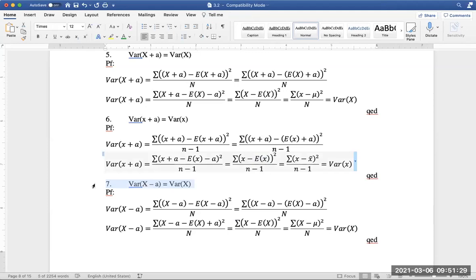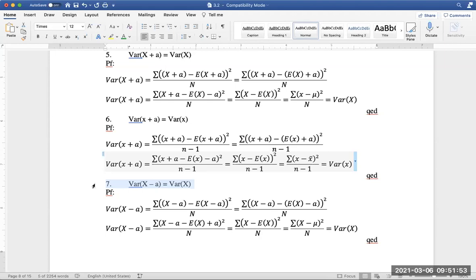Next, the variance of x minus a is the variance of x. Well, and this is true for any constant a. Actually, I've already shown this because I didn't make any assumption about the sign of a. And so a could have been positive or negative.